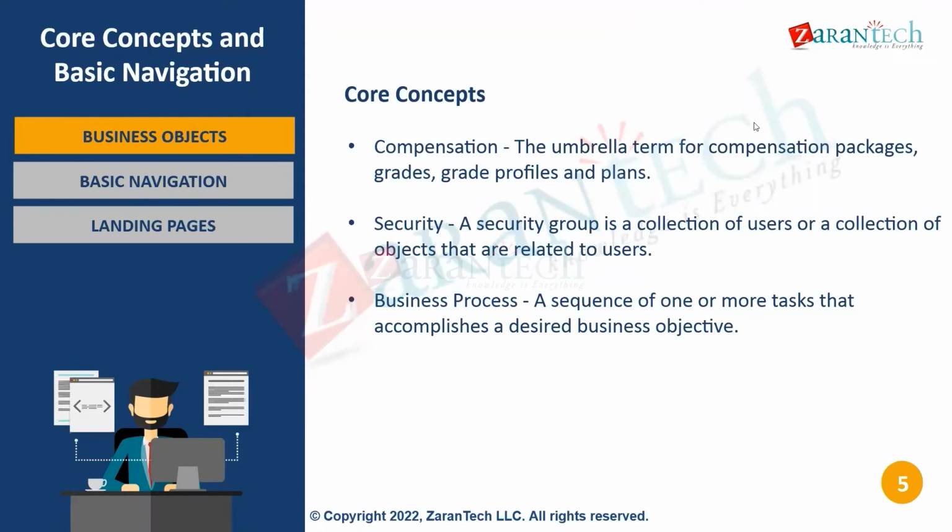All right. Lastly, what is business process? These are just the basic terms. Business process is nothing but the overall sequence of events. For example, you are applying for a sick time off, you're not well, you are just taking one day off to rest.